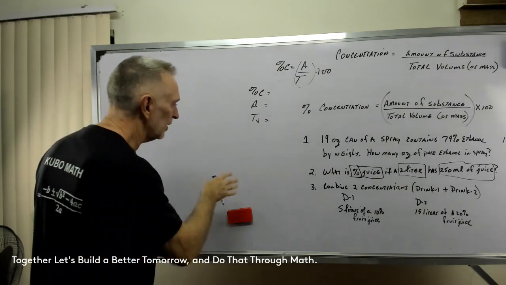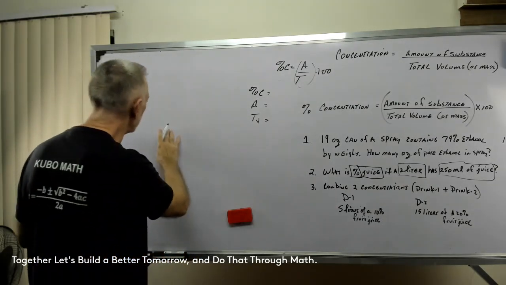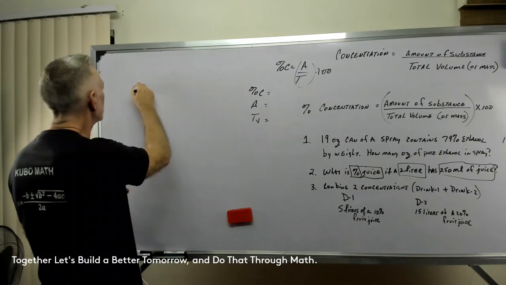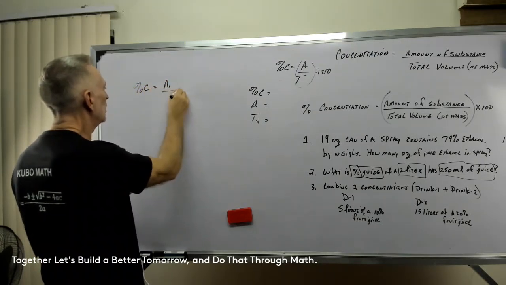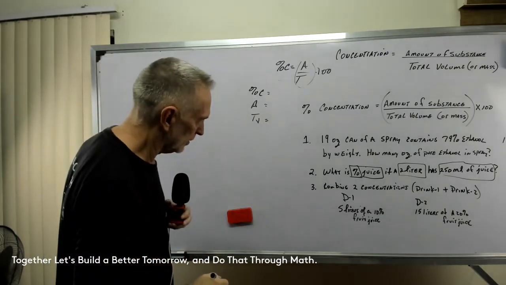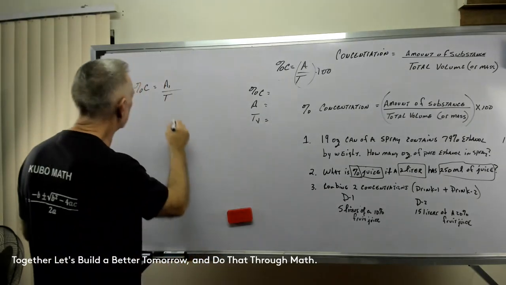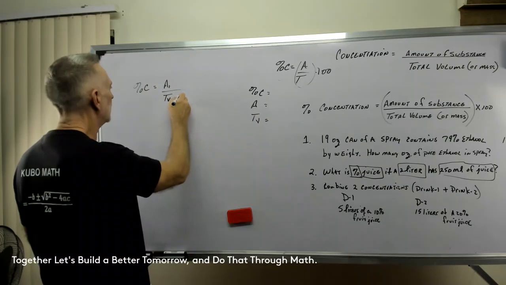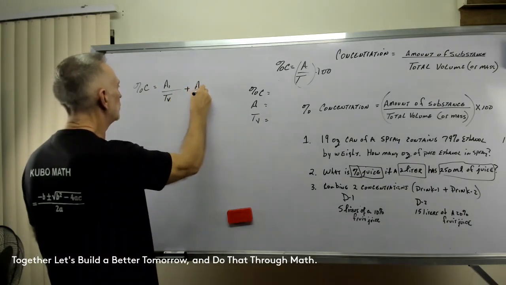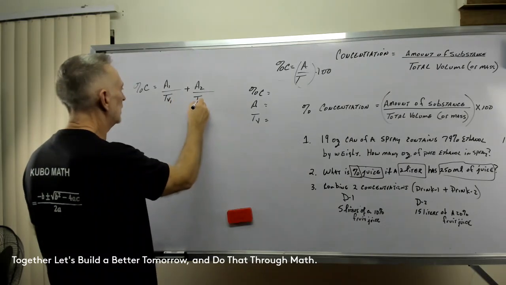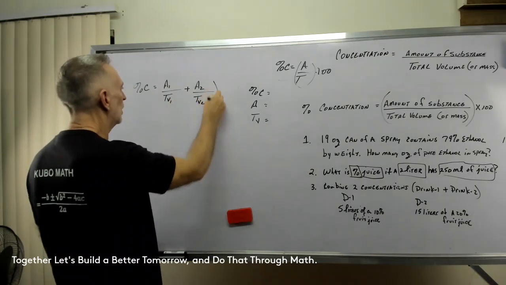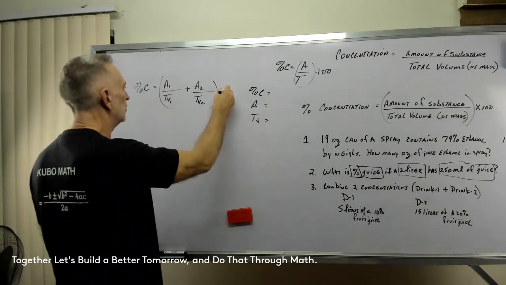All right, so what it amounts to, the percent concentration is going to be the amount 1 divided by total, let's see, these are in liters, so TV1 plus A2, the amount in the second one, TV2, all of that times 100.